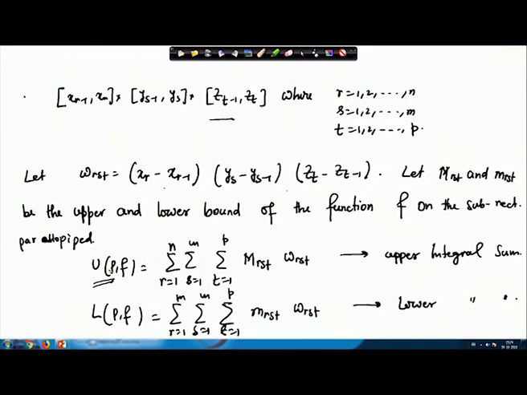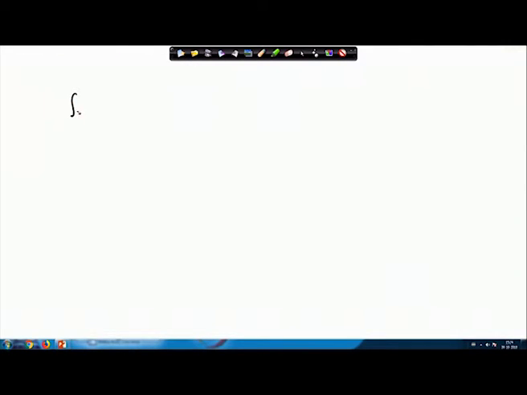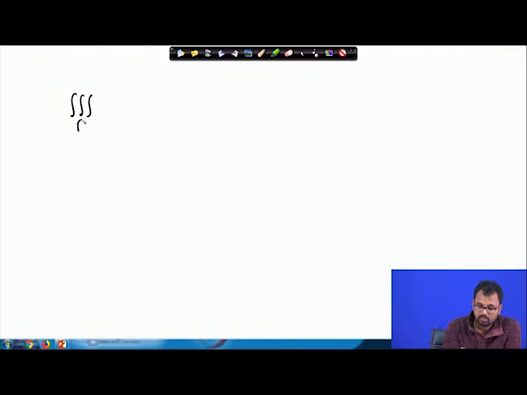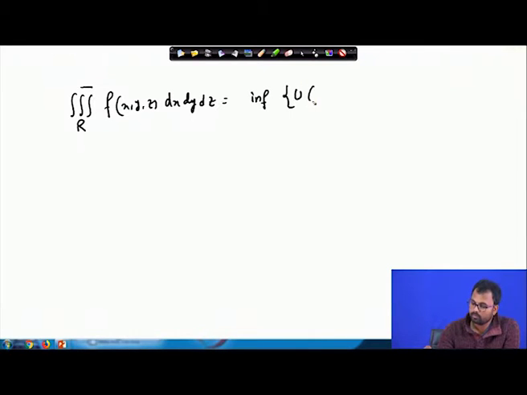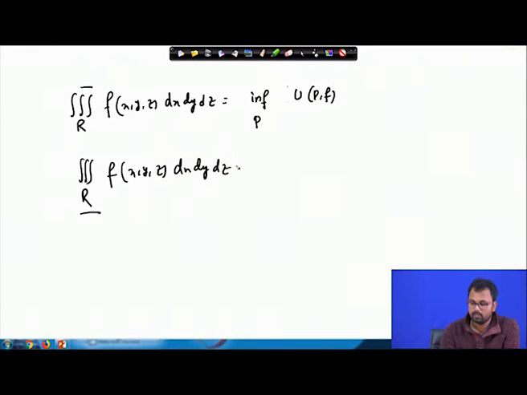So, the upper integral on this rectangular parallelepiped R, of f(x, y, z) dx dy dz, is basically the infimum of the set of all sums UPF, for all partitions P. And similarly the lower integral, let us write a lower sign at the bottom, f(x, y, z) dx dy dz equals the supremum over all partitions of LPF.